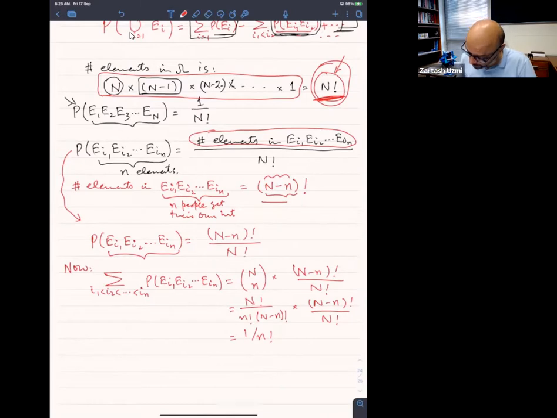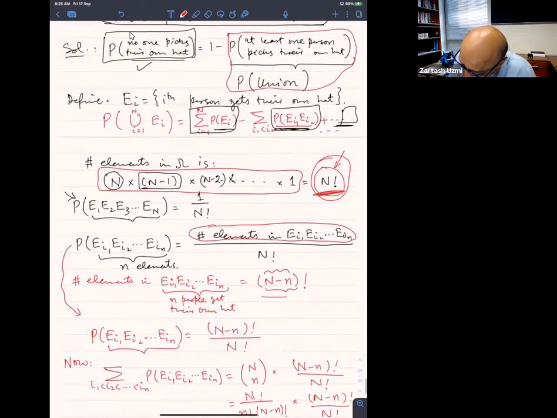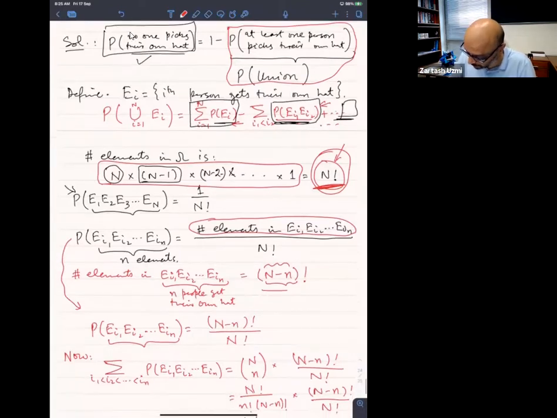ओके, सो इसका मतलब है कि ये जो हमने यहाँ टर्म्स देखी हैं, जो एक एक वाली टर्म है, वो 1 over 1 फैक्टोरियल है. जो 2 वाली टर्म है वो 1 over 2 फैक्टोरियल है. जो 3 वाली टर्म है, summation of all that वो 1 over 3 फैक्टोरियल है.